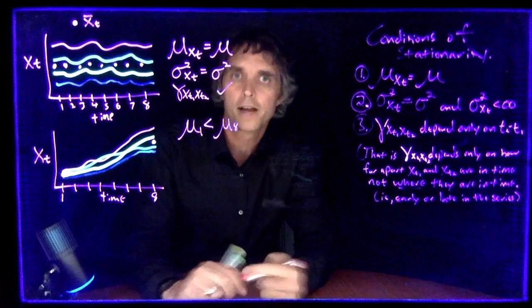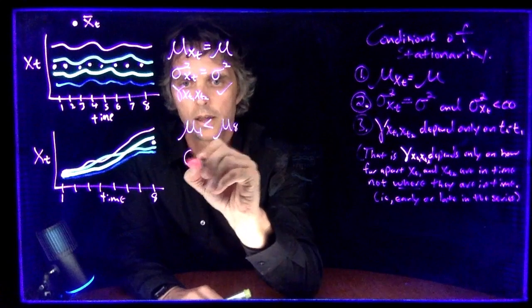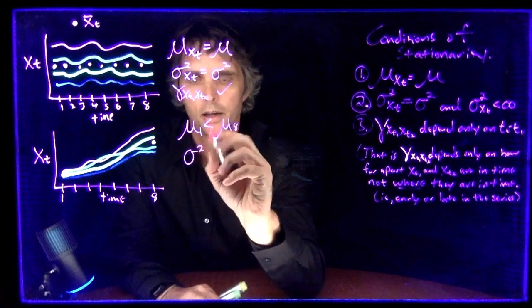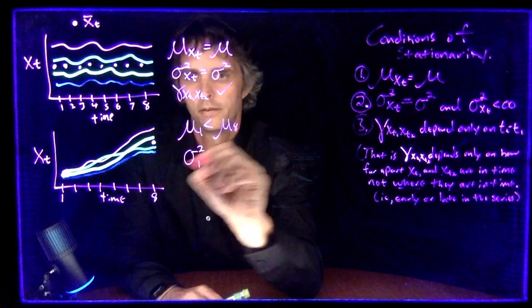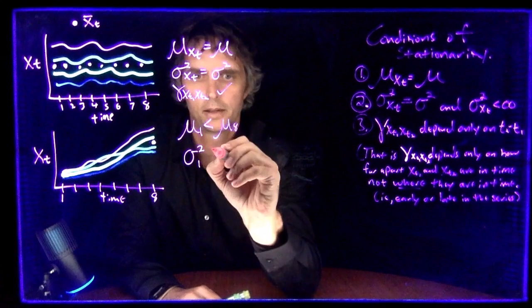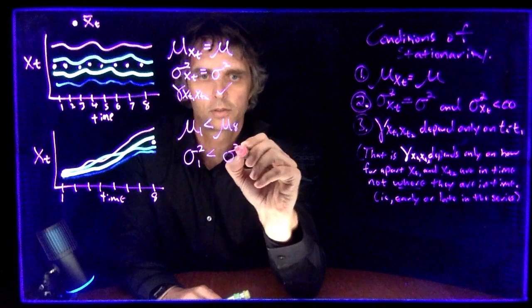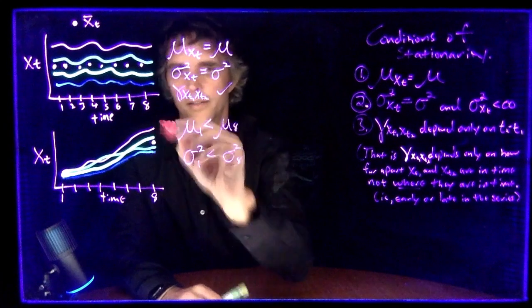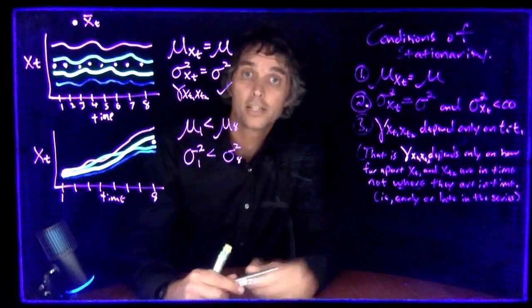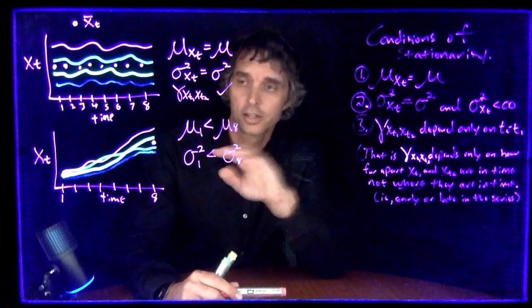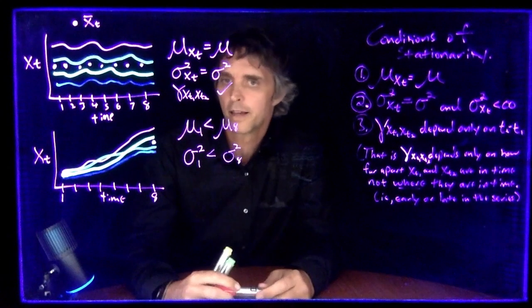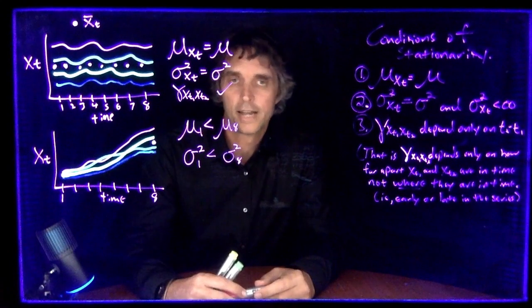Again, not a proof, but that would be data consistent with sigma squared 1, the variance down here, being less than sigma squared 8, the variance up here. So that would be a violation so far of condition 1, and condition 2 would look something like that, or that would be evidence in that direction.